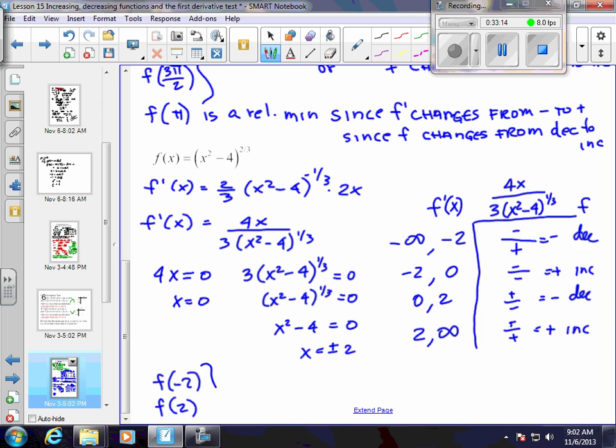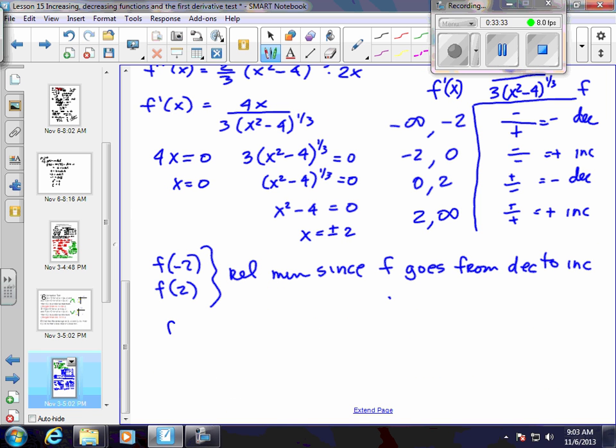So f of 2 is a relative minimum, relative min since f goes from decreasing to increasing. And f of 0 is the relative max since f goes from increasing to decreasing.